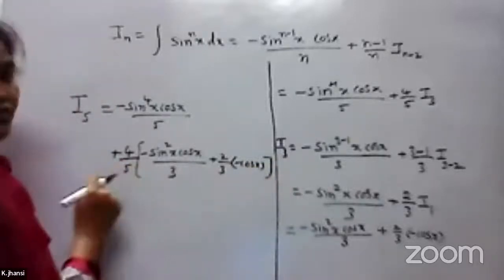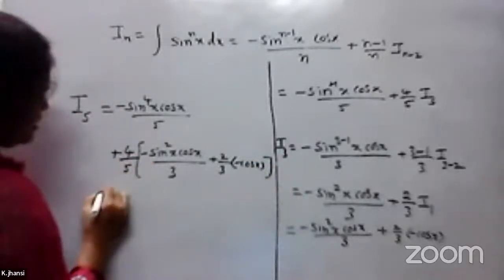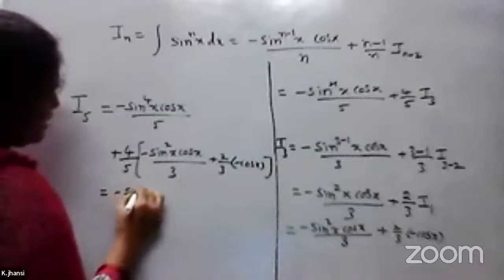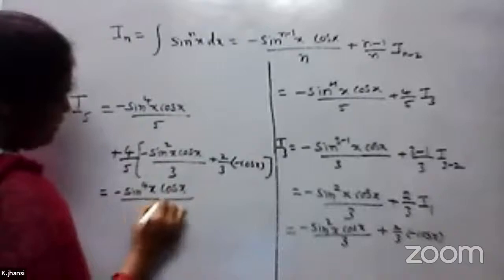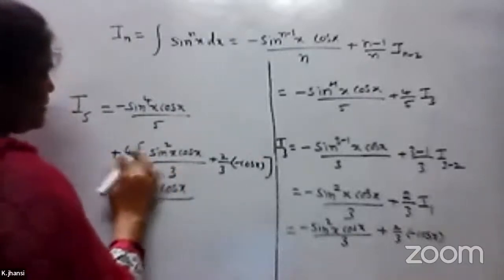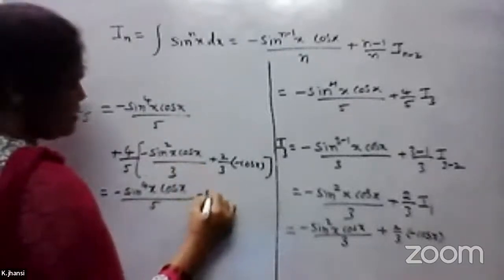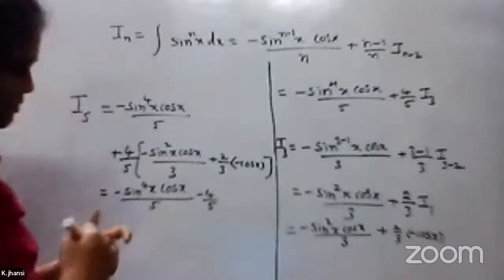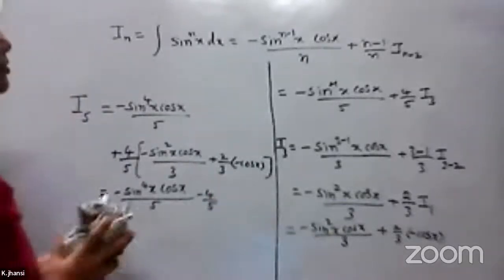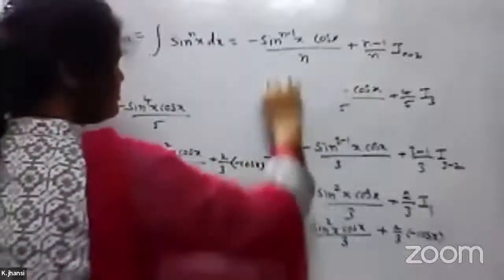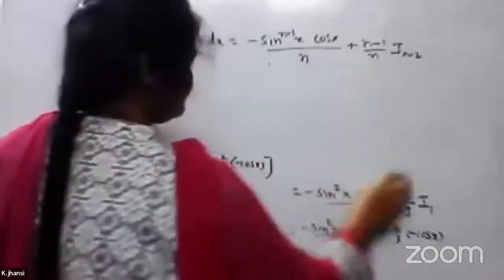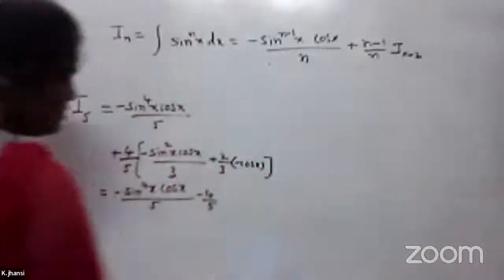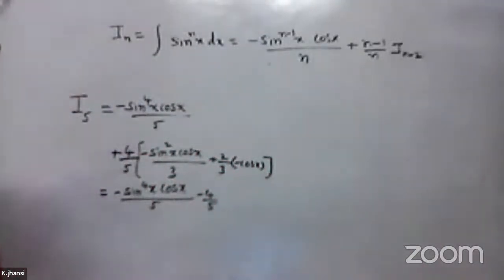Okay. If you simplify this one, it is equal to minus sin^4 x cos x by 5. So if you multiply this, plus into minus is minus 4 by 5.